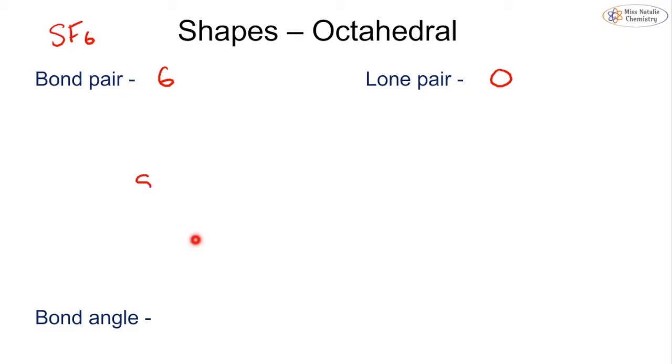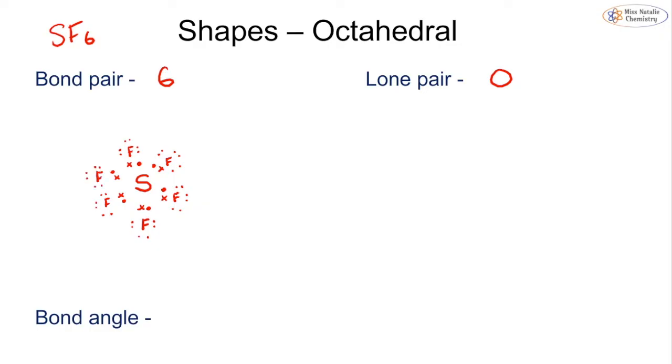So if you have the sulfur in the center, you're going to have 6 sets of electrons, each bonded to a fluorine, to give you 6 bonding pairs around the central atom. Something a little bit like that.